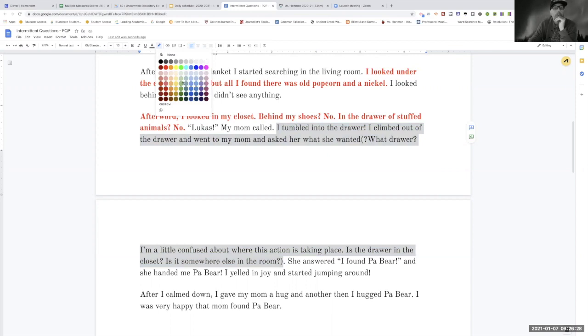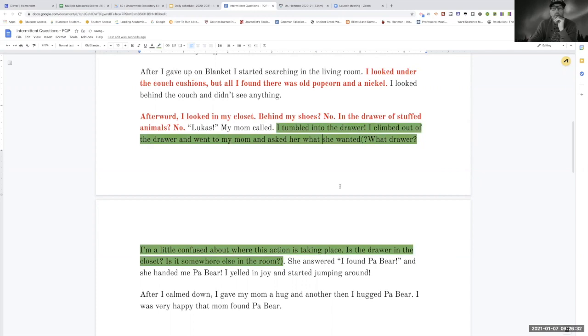And then I want to do this in green. So now you'll see that it's highlighted. It's not the text color, it's highlighted. That will let the author of the essay know, oh, okay, this is an area where the reader has a question.